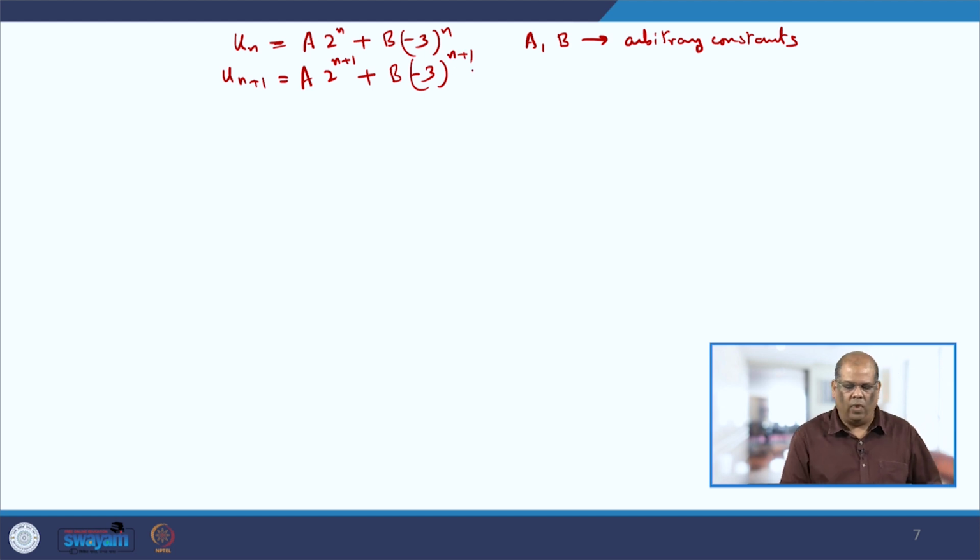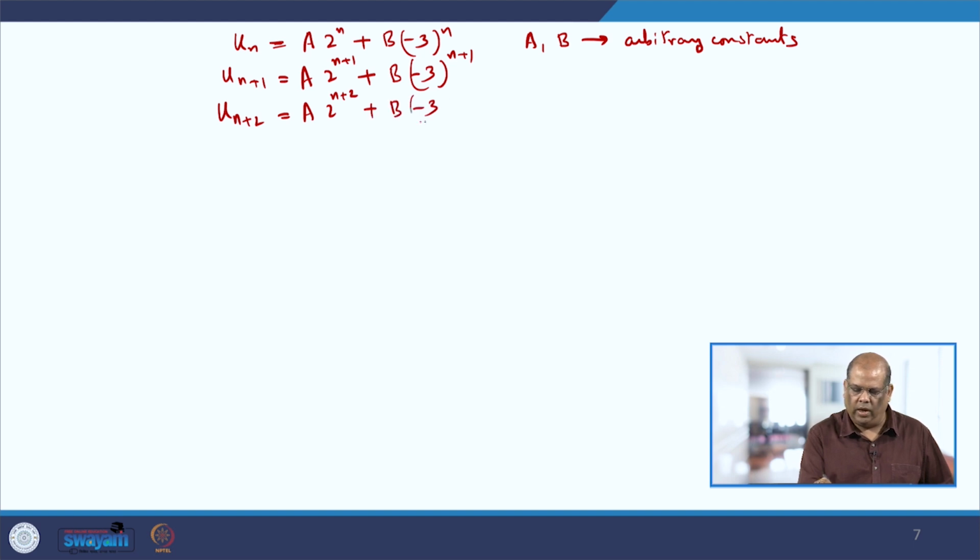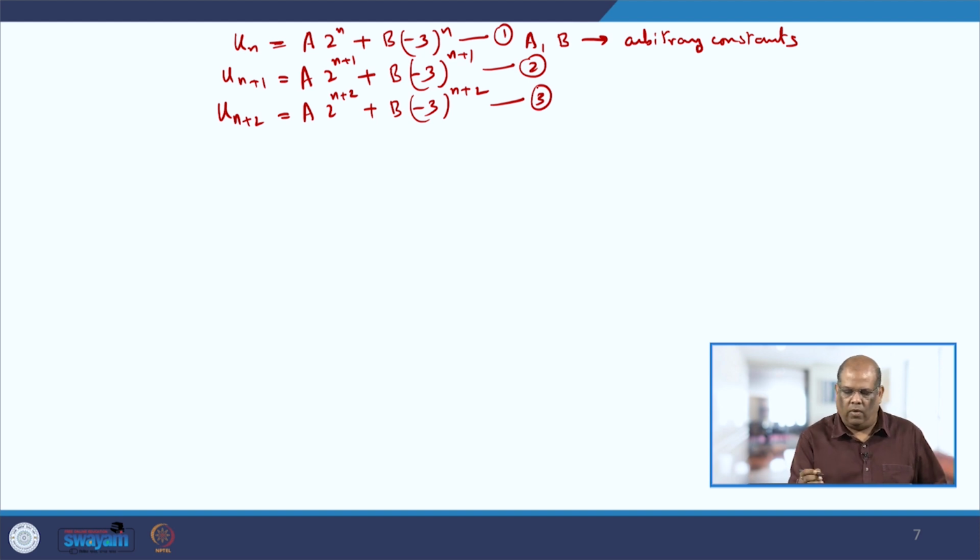And since we have two arbitrary constants, you have to again write u n plus 2 equal to a 2 to the power n plus 2 plus b into minus 3 to the power n plus 2. If I name these 1, 2 and 3, I will find the values of a and b from 2 and 3 and substitute in 1.